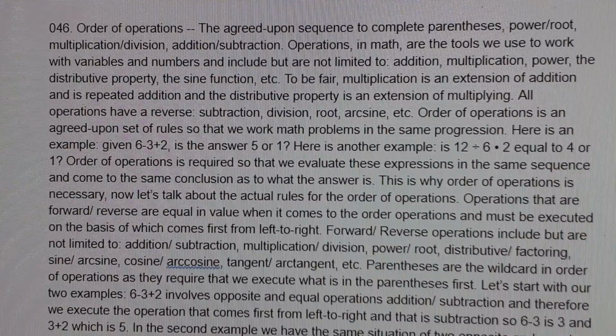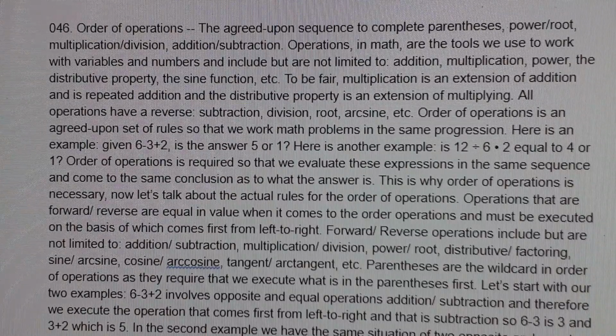Forward/reverse operations include, but are not limited to, addition/subtraction, multiplication/division, power/root, distributive/factoring, sine/arcsine, cosine/arccosine, tangent/arctangent, etc.